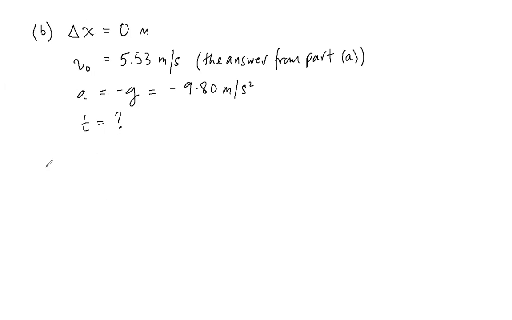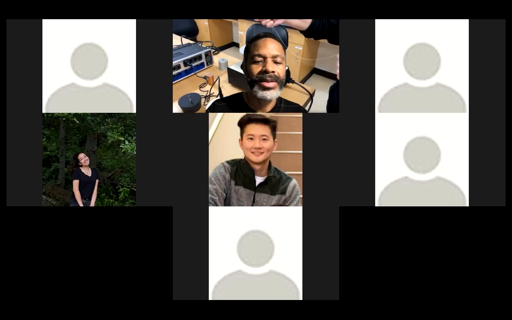The equation that has all that looks something like this: delta x is equal to v initial t plus 1/2 at squared.